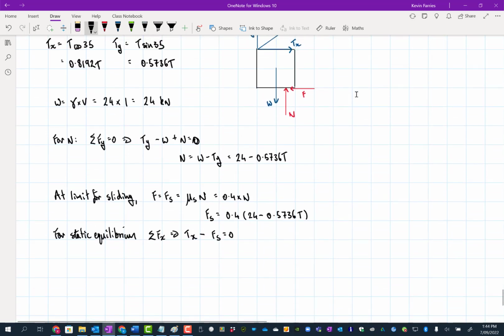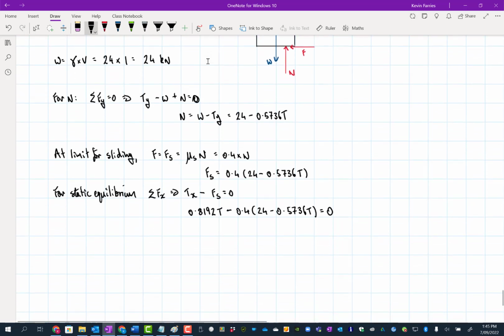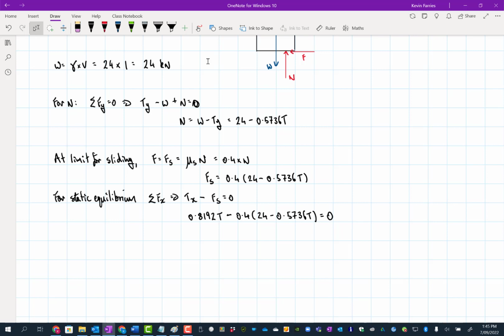Then we can start putting in some of the values we've got. We know that 0.8192 times T, that's what Tx is. 0.8192 times T, take away 0.4 times 24, so I'm just putting in the value of Fs now, minus 0.5736 T is going to be equal to 0. And we should be able to solve that, I think.